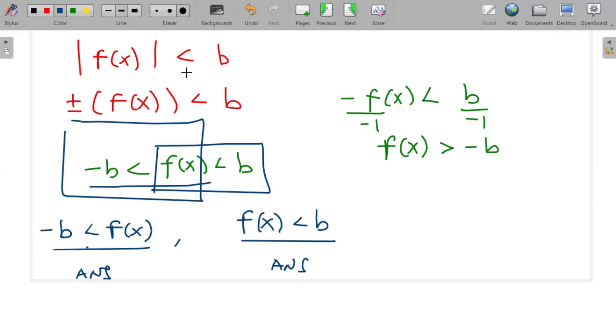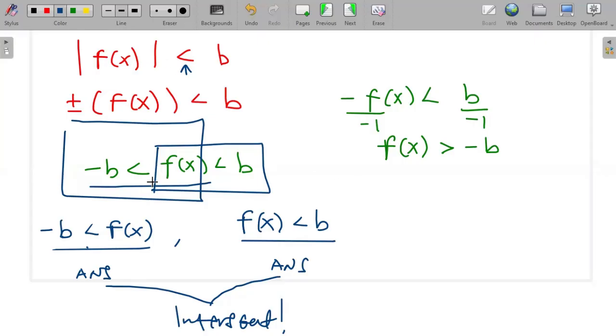If you have less than or less than or equal to, the answer you get there and the answer you get here, you're going to intersect them, and that will be your final answer. So you divide it into two, solve each part, and intersect the answers. The intersection is the final answer. That's what we've said there.